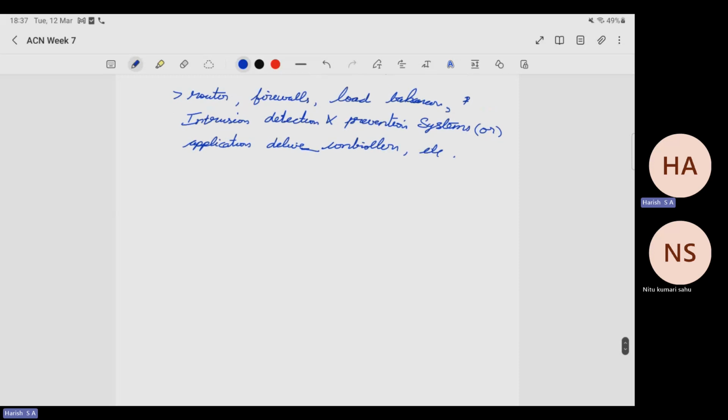So let us look at some theory about how NFV came up to be, and let us move forward from there.